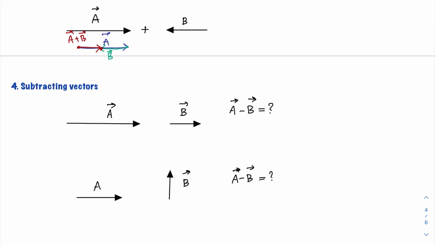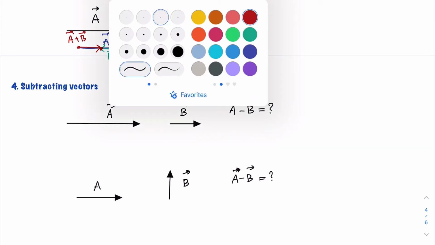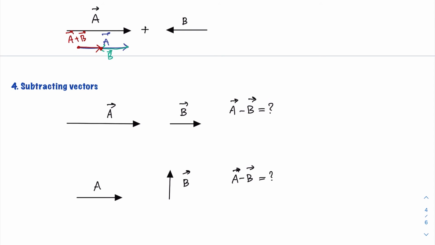In this case, I will write vector A minus vector B like vector A plus minus vector B, which means the same. Now I can use the properties of vectors to find vector minus B.